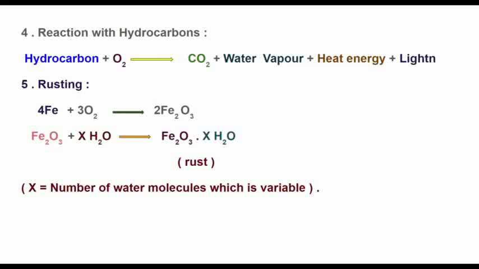Fe means iron, O2 is oxygen. Fe2O3 plus xH2O gives Fe2O3.xH2O. Fe2O3.xH2O is rust. Here x is the number of water molecules, which is variable.